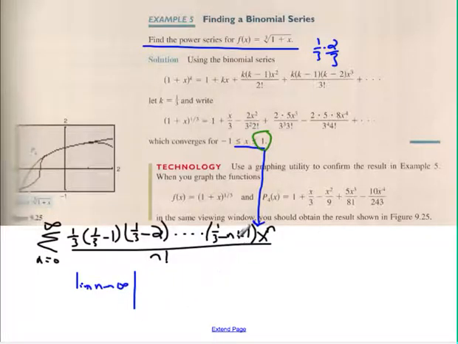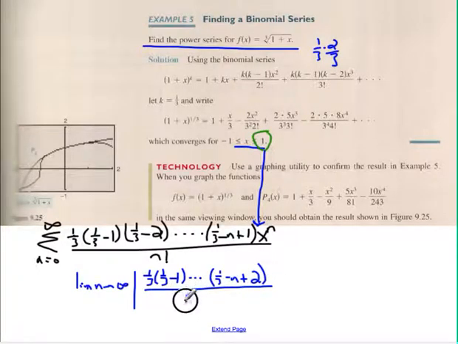So let's see. So we're going to have this guy to the n plus 1, right? So it's going to be 1/3, 1/3 minus 1, dot, dot, dot. N plus 1 goes on top, right? So it'd be 1/3 minus n plus 2, I think, yes. And then we'd have n plus 1 factorial right here.